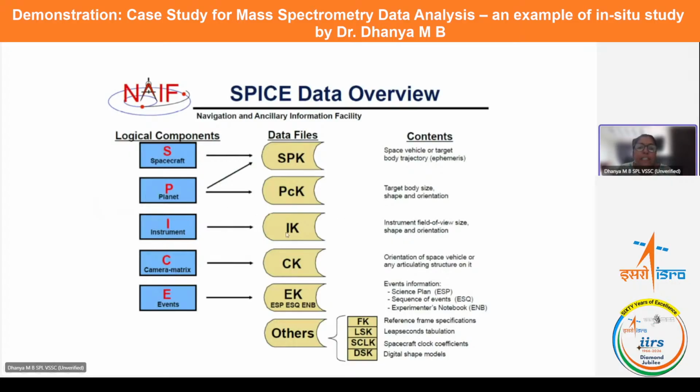The instrument kernel is the responsibility of whoever developed the payload. They have to provide information like the viewing angle in a given coordinate system. Then the C-matrix kernel refers to the orientation of the spacecraft, or of any given body. And then there is an events kernel, and a few other kernels.